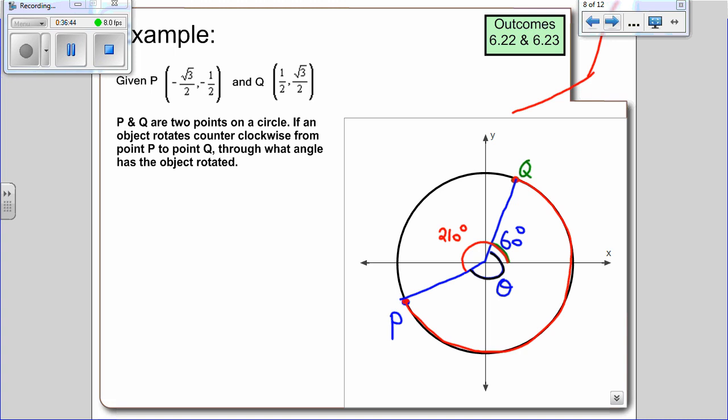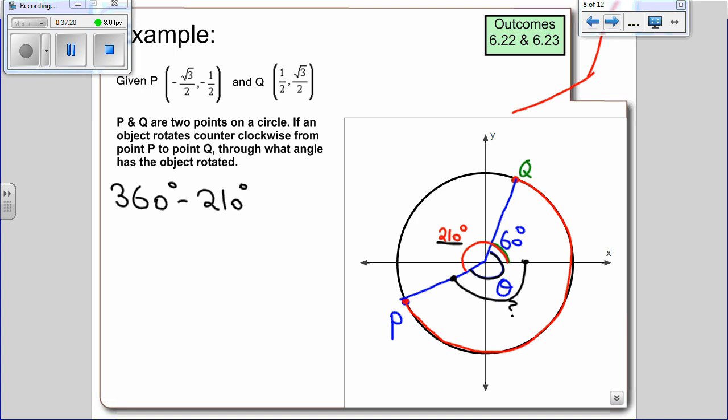To do that, I'm going to go 360 degrees, because that would be all the way around, and I'm going to subtract the 210 degrees that would have got me to point P. If I start at the positive x-axis and just go to P, it's 210. 360 minus 210 would give me this gap in here. By calculating that, I end up figuring out that 150 degrees is this gap in here.